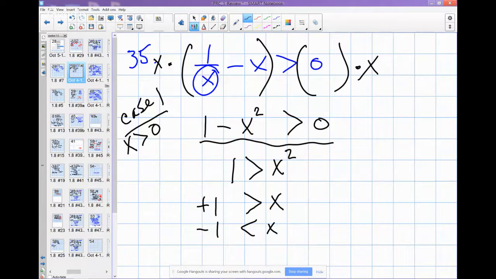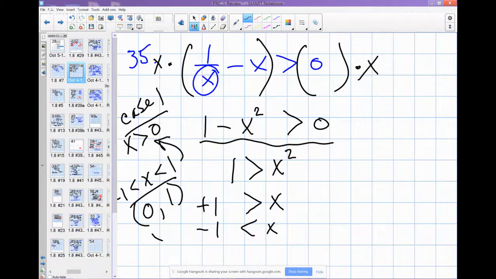So in that case, the answer is x is between negative 1 and 1. And I have to reconcile that with the assumption. X is greater than 0, so there goes the negatives. It's got to be greater than 0. So really what we came up with is this: 0 and 1.